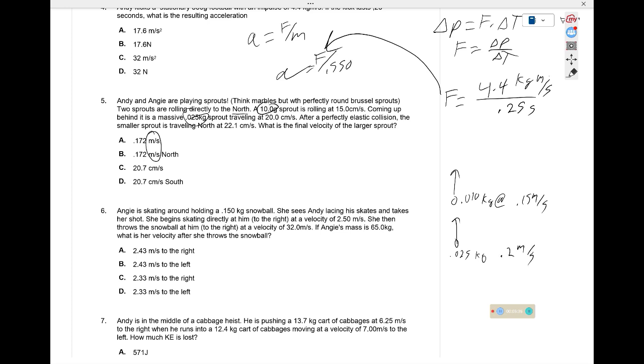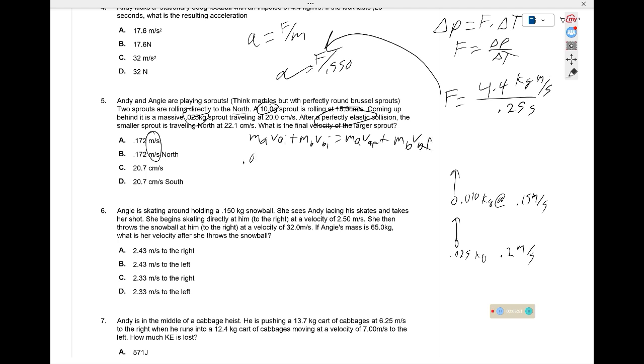So this is a perfectly elastic collision. So we're going to use m_A v_Ai plus m_B v_Bi equals m_A v_Af plus m_B v_Bf.